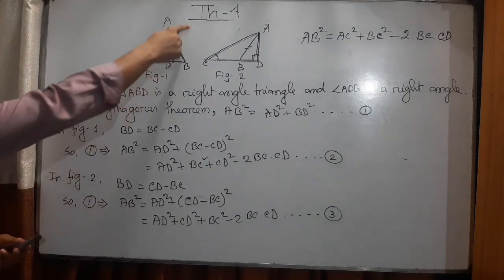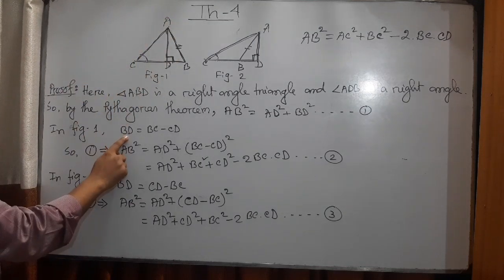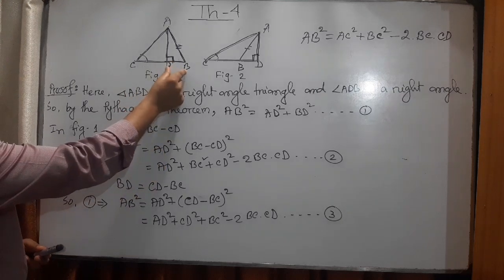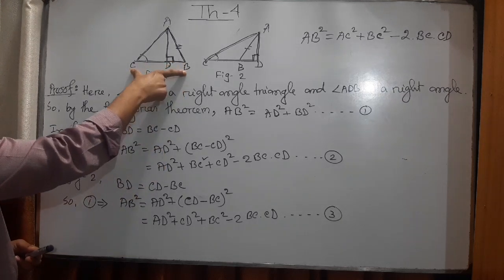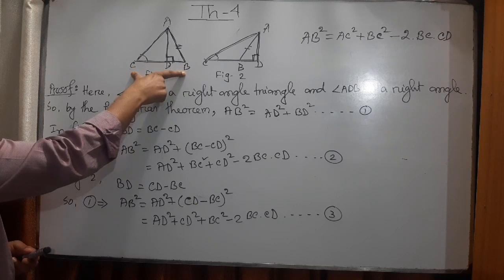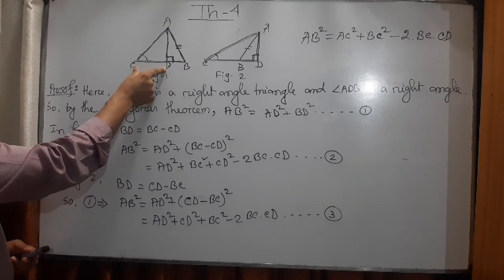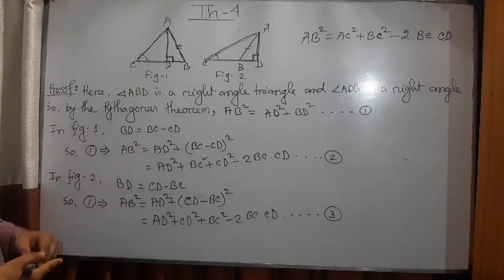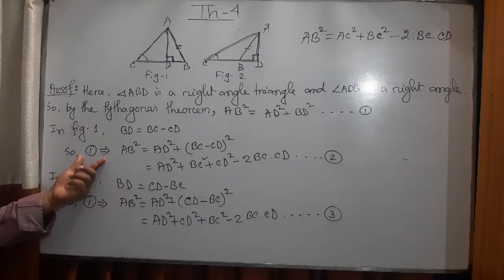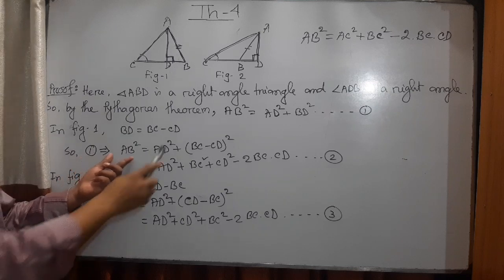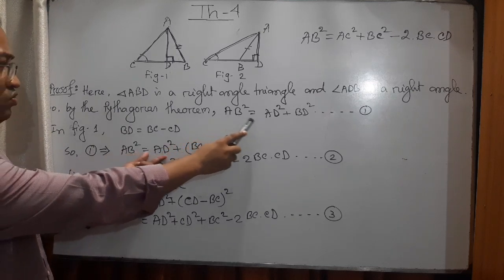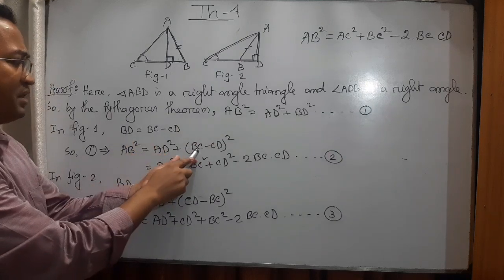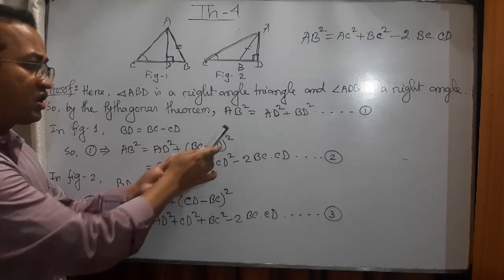Now in figure 1, BD is equal to BC minus CD, the total part BC minus this part CD. We can apply it in equation number 1. AB square equal to AD square plus BD square, and BD will be BC minus CD whole square.